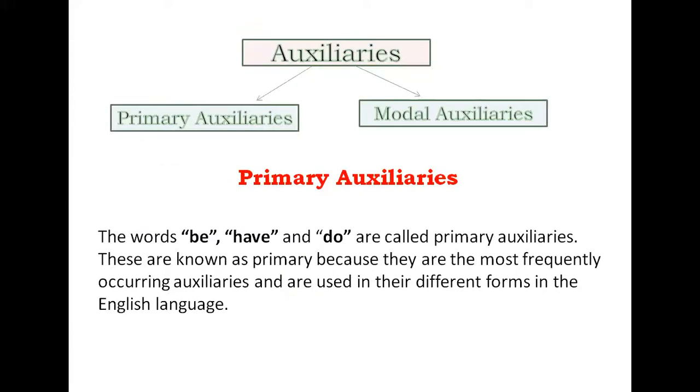Auxiliaries are divided into two parts: primary auxiliaries and modal auxiliaries. Primary auxiliaries are be, have, and do. Further, these three words have different forms. They are called primary auxiliaries because they are the most frequently occurring auxiliaries and are used in their different forms in the English language.